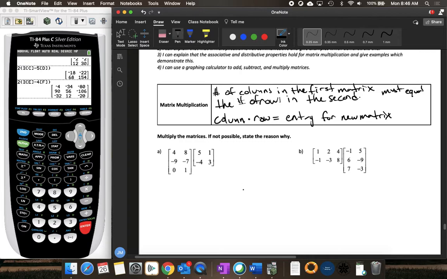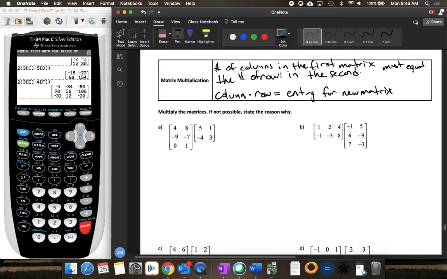So let's go ahead and take a look at a couple examples by hand to see how this works. And then, like I said, for the rest, we will resort to using a graphing calculator. So in our first example, notice that we have a 3 by 2 matrix, so 3 rows by 2 columns. And our second matrix is 2 by 2. So the number of columns in our first matrix is 2.